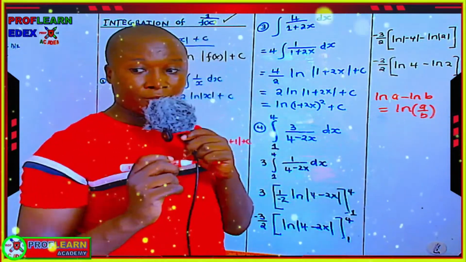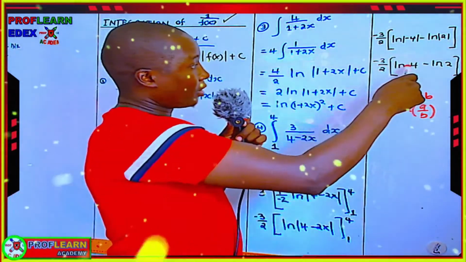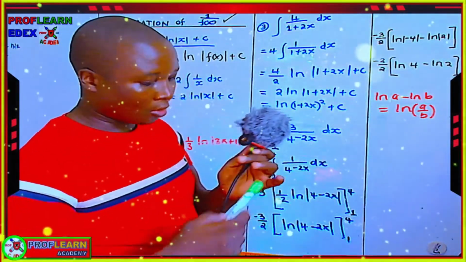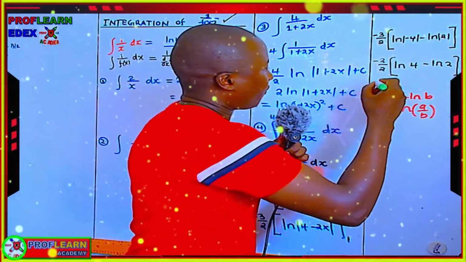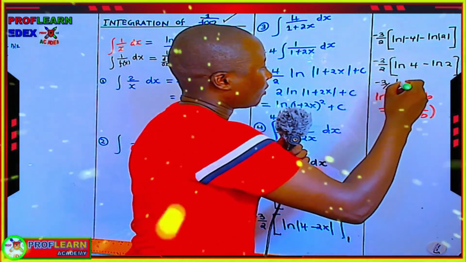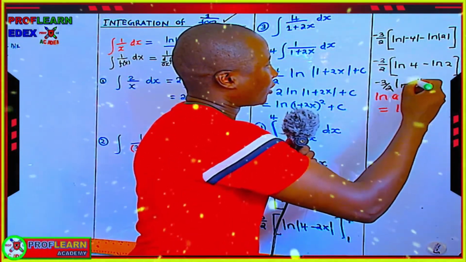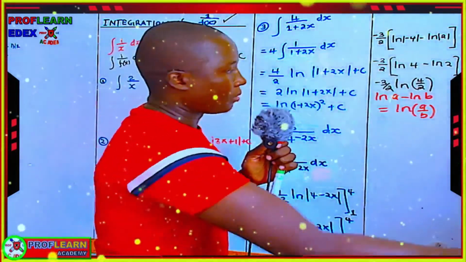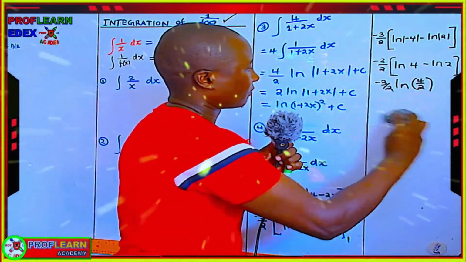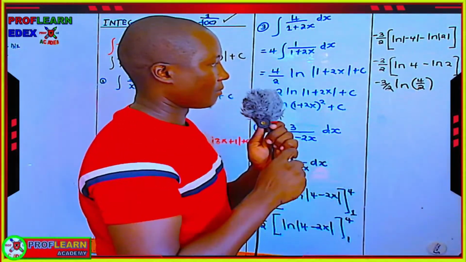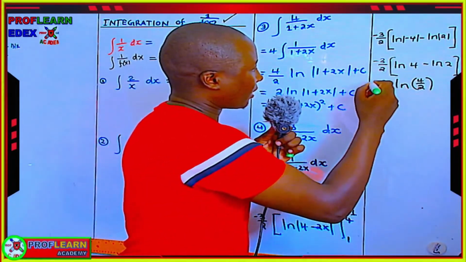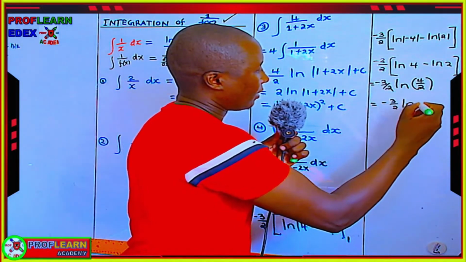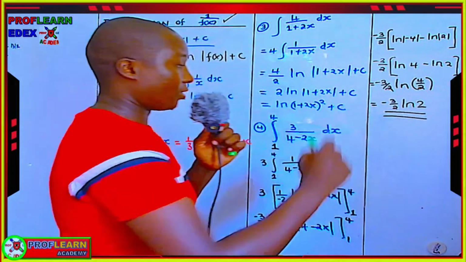So equally here, we are going to simplify that to a single log, which will mean that we are going to have minus 3 over 2 ln of 4 over 2, and our expression is going to become finally minus 3 over 2 ln of 2 as the final answer to this.